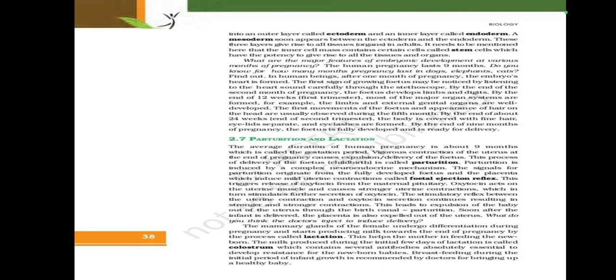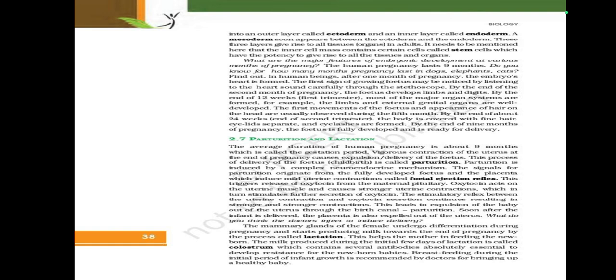Parturition is induced by a complex neuroendocrine mechanism. The signals for parturition originate from the fully developed fetus and the placenta, which induce mild uterine contractions called the fetal ejection reflex. This triggers a release of oxytocin from the maternal pituitary.